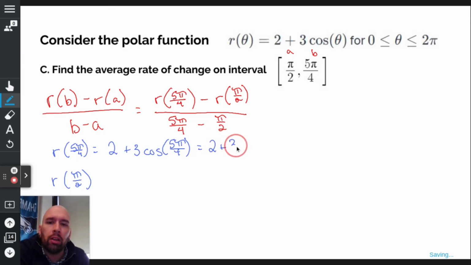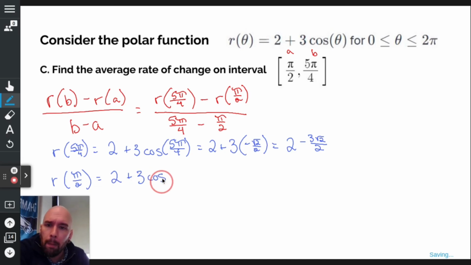So 2 plus 3 times negative root 2 over 2, so 2 minus 3 root 2 over 2 when you multiply them together. And let's leave it like that, just in case something magical happens in this process right here. Now let's find out what r of pi over 2 is. Pi over 2, how nice. Why? Well, 3 cos pi over 2 is 0, because cos pi over 2 is 0, so r of pi over 2 is 2.